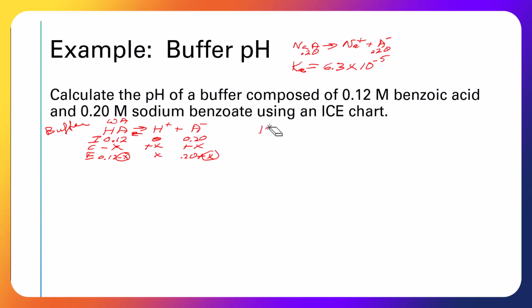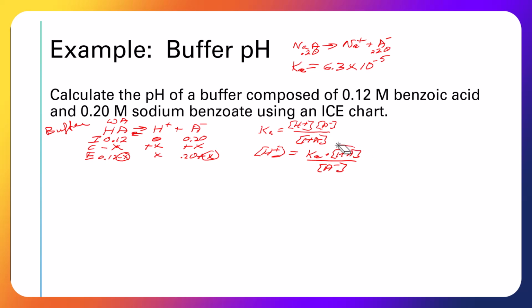We'll write our equilibrium constant expression, which is Ka equals H plus times A minus divided by the concentration of your weak acid. We'll go ahead and symbolically solve for H plus, which is equal to the Ka times the weak acid concentration divided by the weak base concentration. All right, let's go ahead and solve the problem.